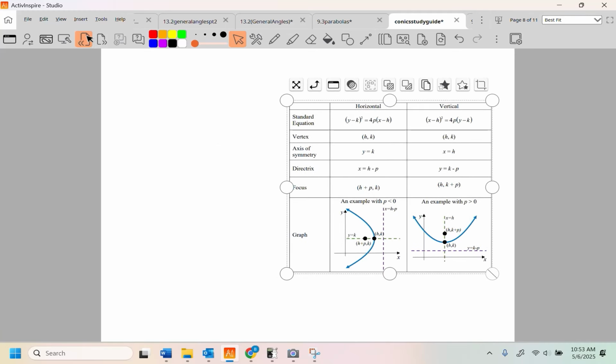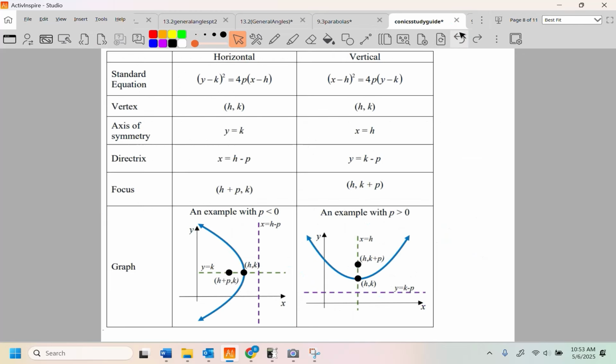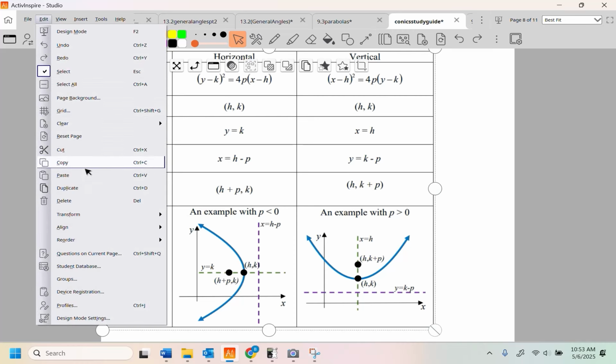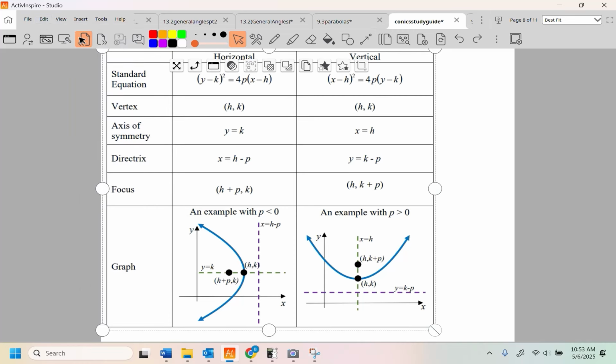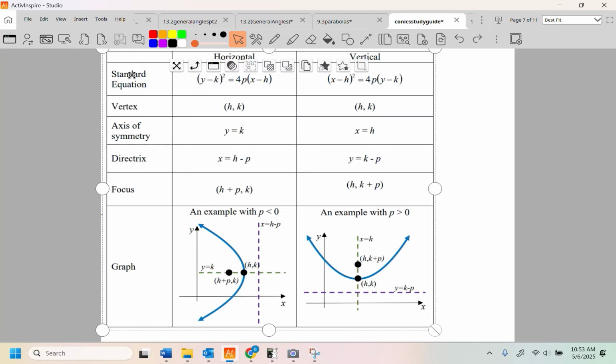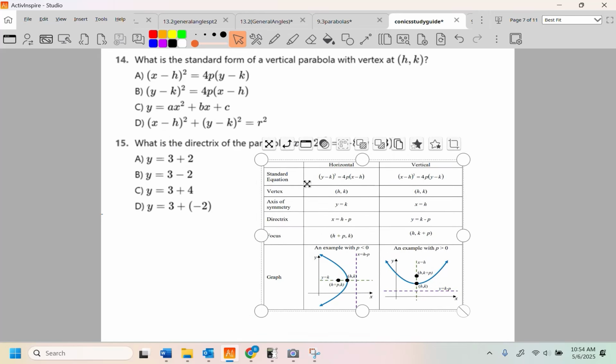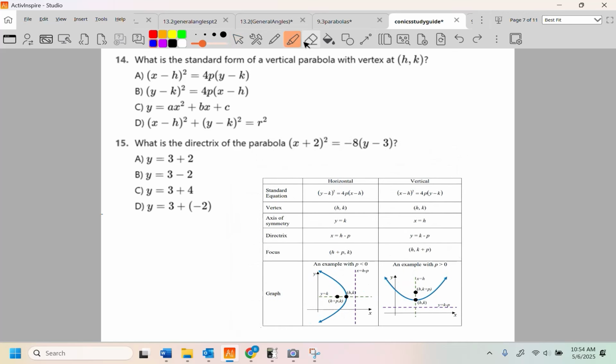Anyways, vertical parabola. Right there at the bottom, right there on the right. (x minus h) squared equals 4p times (y minus k).